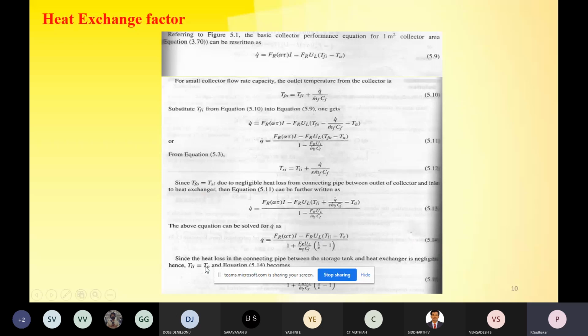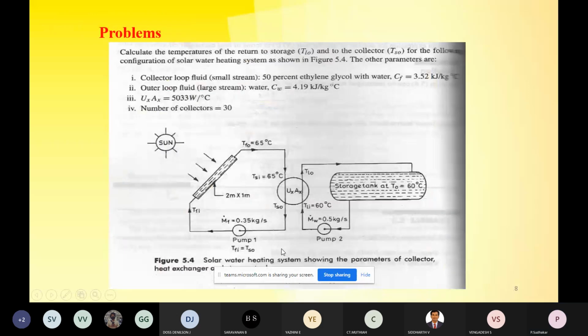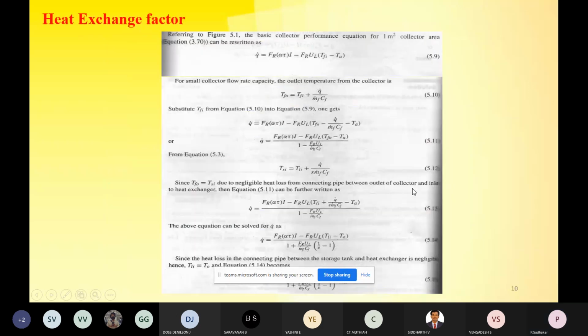The next step is when you consider TLI equal to TO, so the load inlet temperature is equal to the storage tank temperature TO. In the same equation, you substitute TO minus TA.